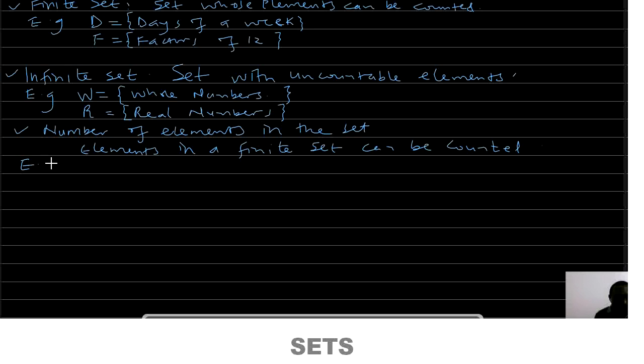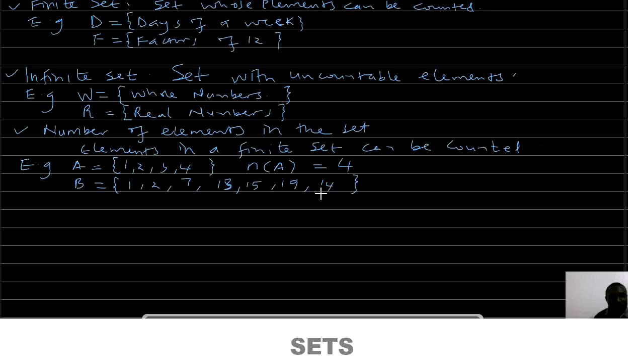For example, I'm going to give a finite set here, set A which is equal to {1, 2, 3, 4}. The number of elements in set A, denoted n(A), is equal to, we are just going to count the elements inside here. So these are 4 elements: the first, second, third, fourth. So we have 4.